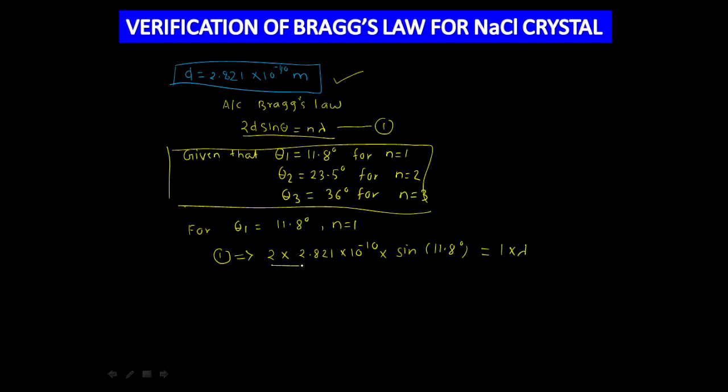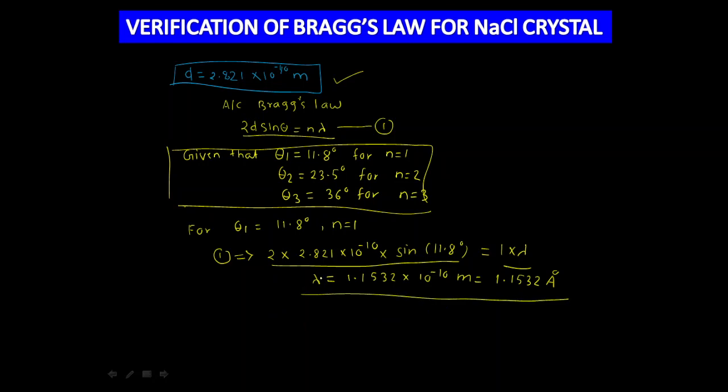If we calculate this, we get lambda is equal to 1.1532 into 10 to the power minus 10 meter, means 1.1532 angstrom. So we have calculated the wavelength of X-ray for the angle theta 1.